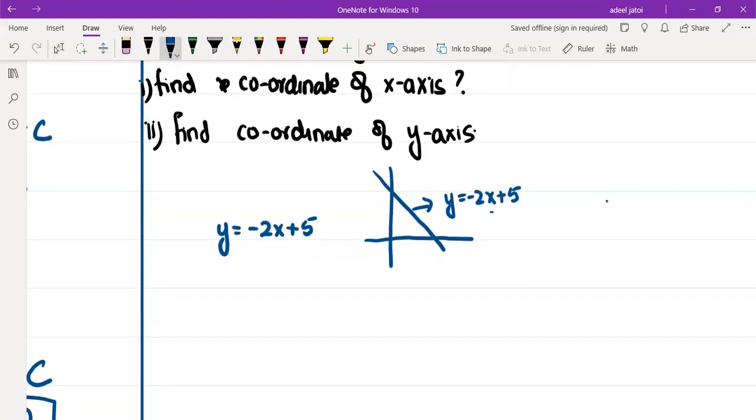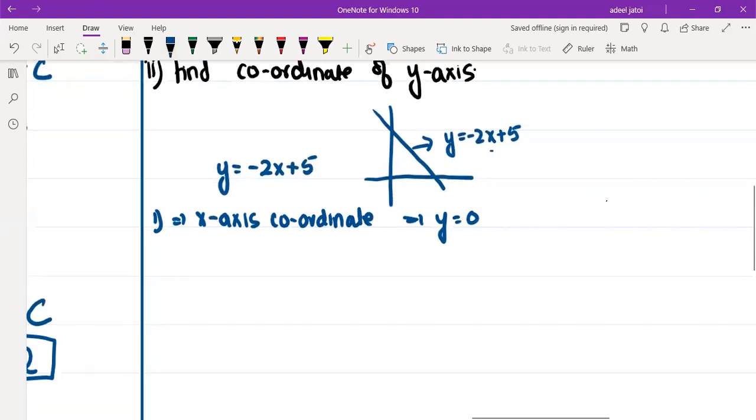So if I need the x-axis coordinate, your y should be 0. So what I need to do is, y is equal to minus 2x plus 5. I need to write down 0 in place of y: 0 equals minus 2x plus 5.